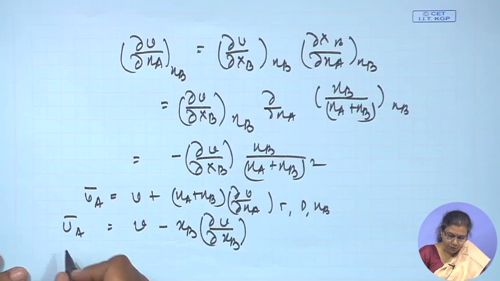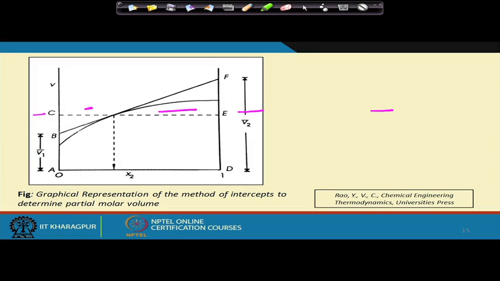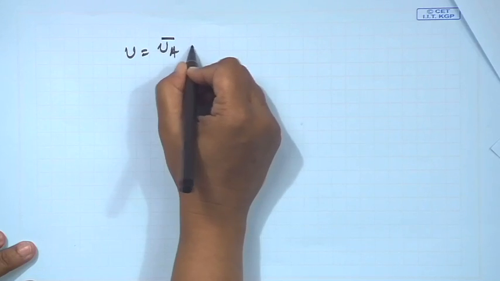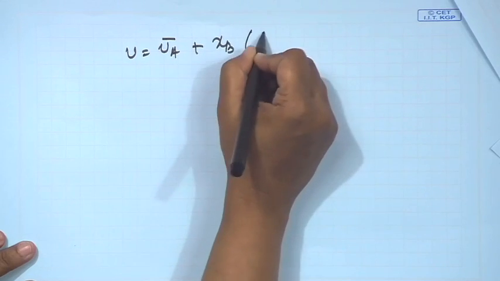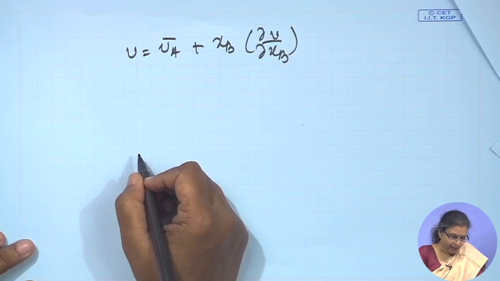So, from there what do I have? I can very well write down this particular equation as V equals Va bar plus xb del V del xb. I can write it down.